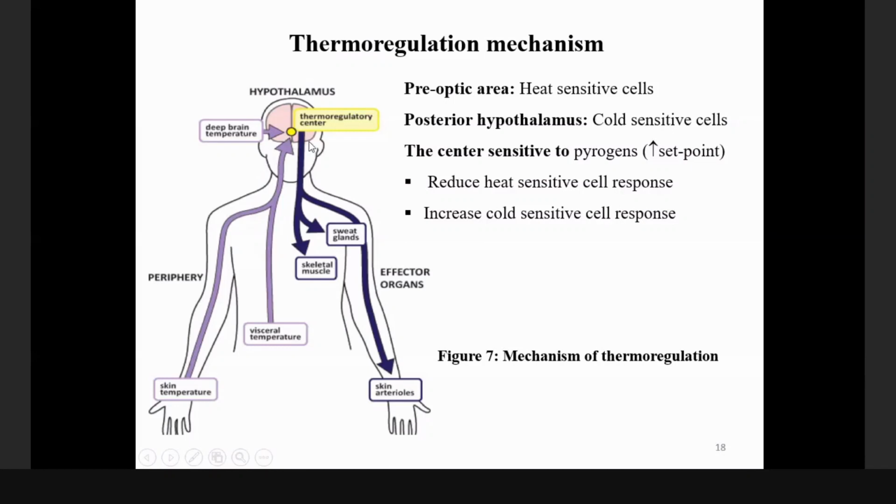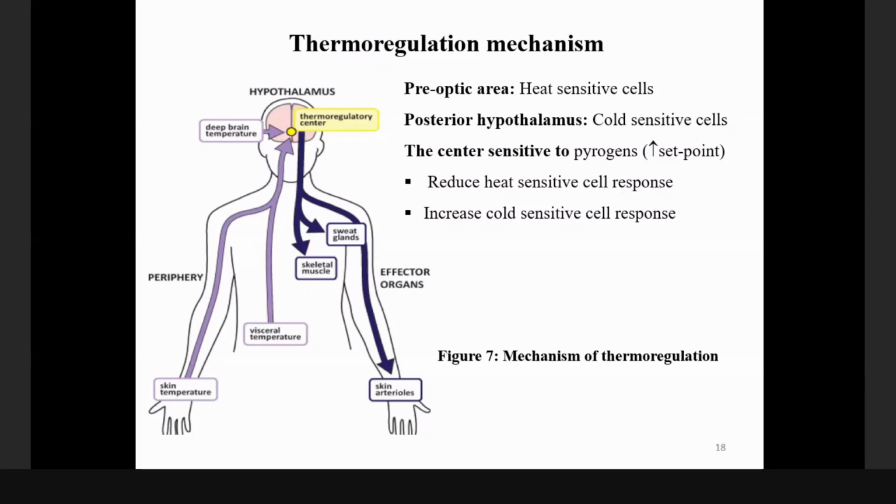I think you are looking at a circle in your brain, the yellow circle. That's called the thermostat center. The center in the brain detects your body temperature because of the receptors. You can say thermoregulatory center or thermostat center. That is found in the hypothalamus.